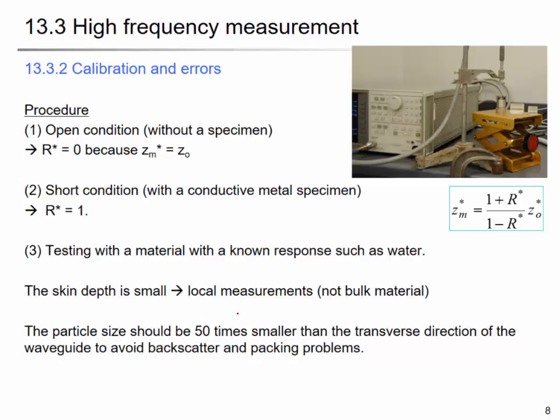And the particle size: for example, if the probe is like this, and this is the width, the soil particle diameter should be smaller than a fifth of this width.